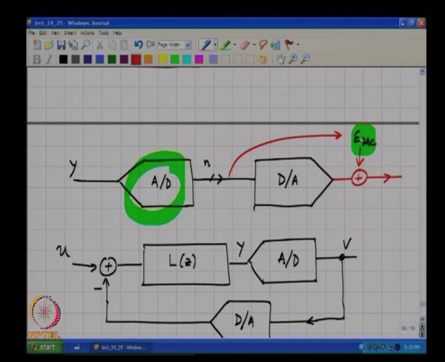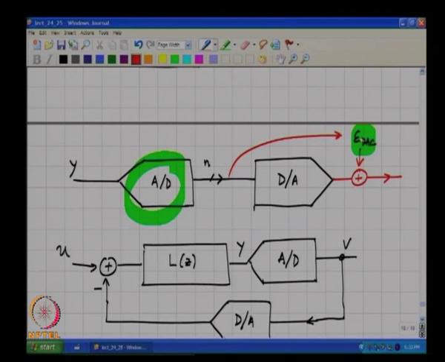When we go deep into DAC design, we will understand why these errors come about, but for the time being all that we are interested in doing is studying the effect of non-idealities in the A to D and the D to A converter. The cascade of the A to D and D to A converter form the quantizer, correct. So, the A to D converter will be non-ideal and the D to A converter will be non-ideal.